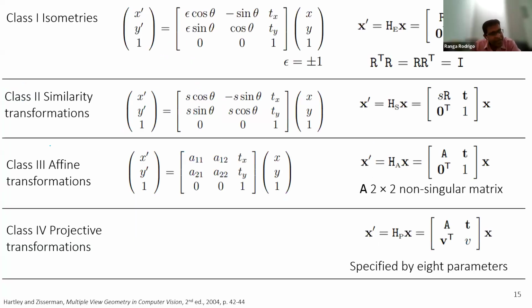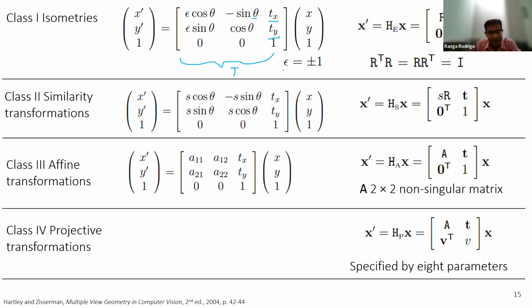Okay, so the transformations are of many types. If you take this one, this is what we designate by, for example, a transformation T. If you compute this transformation, you need to find Tx, Ty, and theta.